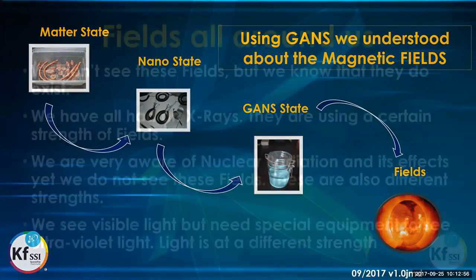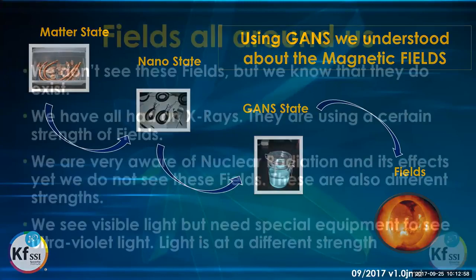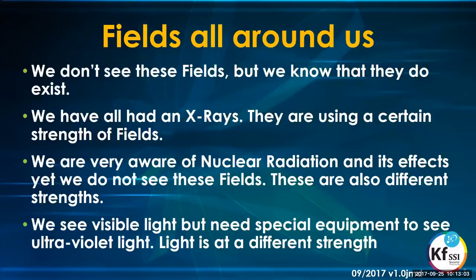Now, when we talk of the fields, they're all around us. We don't see these fields, but we know that they do exist because we've all had X-rays, been to the dentist or the doctor. And those X-rays are using a certain strength of field.